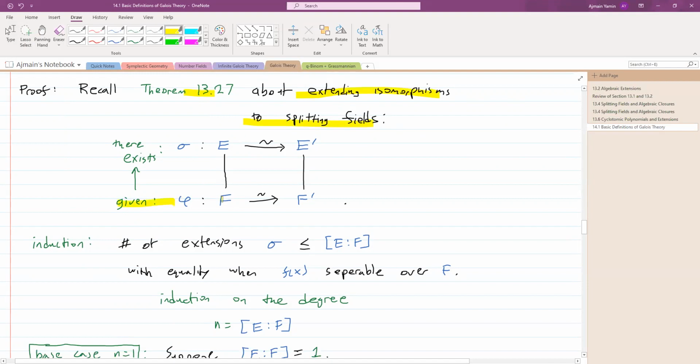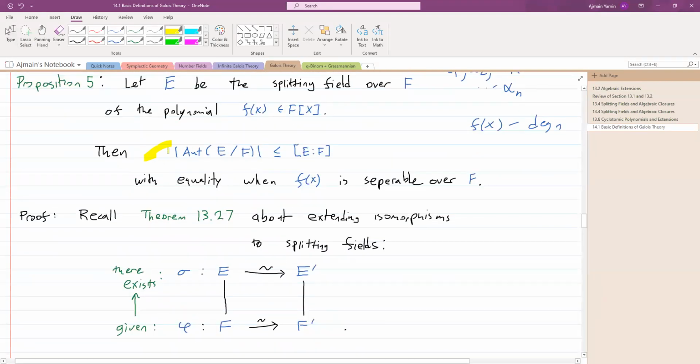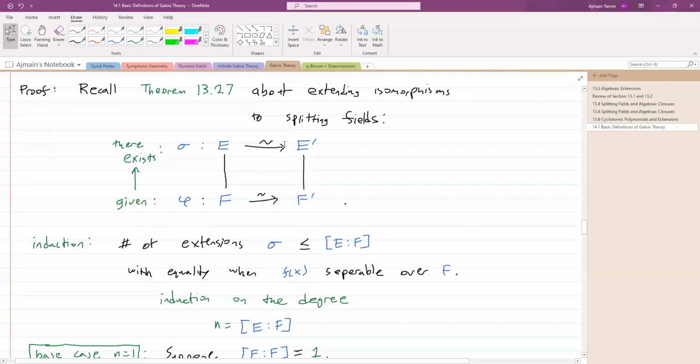If you have an isomorphism between two fields, and you have a splitting field E of f, then you can extend the isomorphism to an isomorphism of the splitting fields. So how are we going to prove the statement? We're going to use this result and appeal to induction.